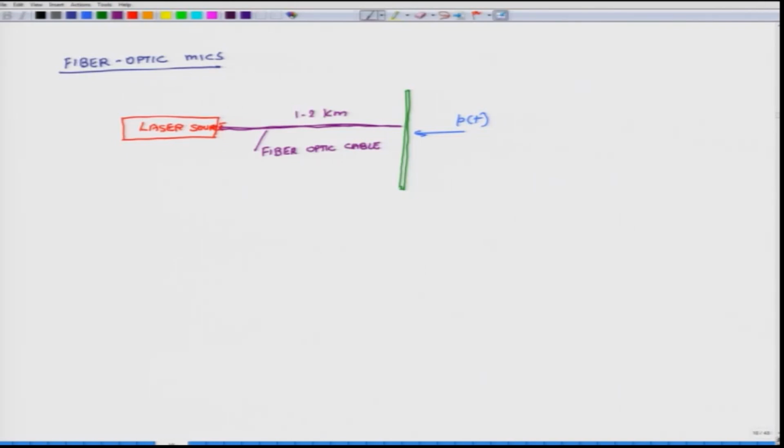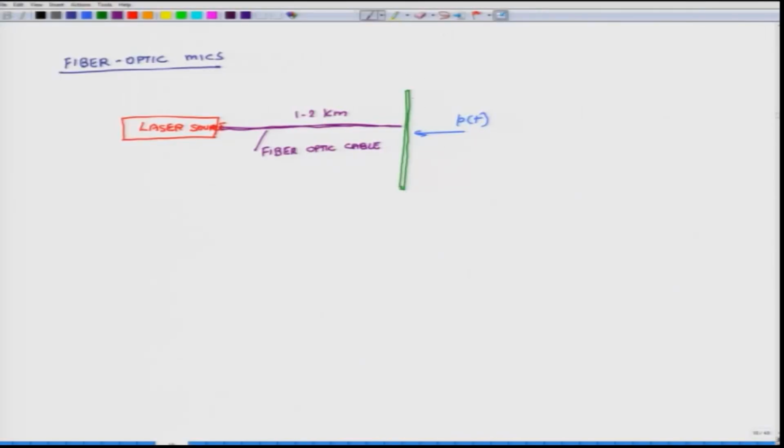So, if you are interested in measuring 2 kilometers away, your expensive laser source is very far away, and suppose on this diaphragm there is a lot of explosion and things like that. So, you want to keep your laser source away, you have a cable, and then this cable emits laser, it strikes, and then you have a collector cable, and then you have a photo detector.